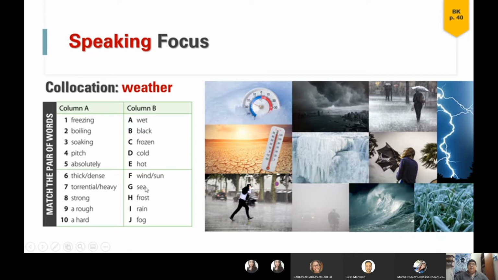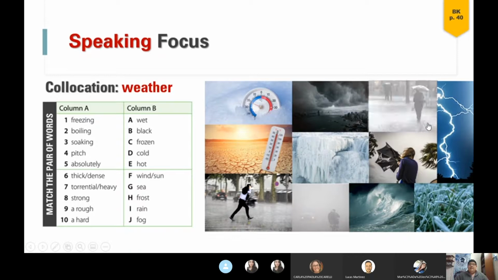Here we have some other words. Look at this picture. What's the weather like? Thick fog. Okay, it's foggy, or there's a thick fog, or there's a dense fog, and I say it's foggy, okay?